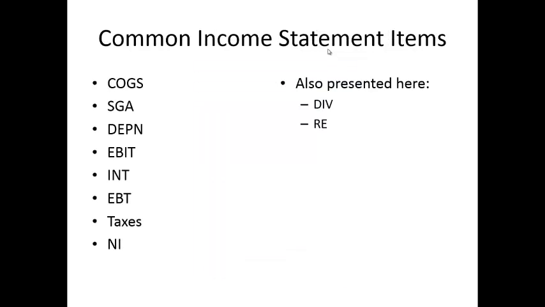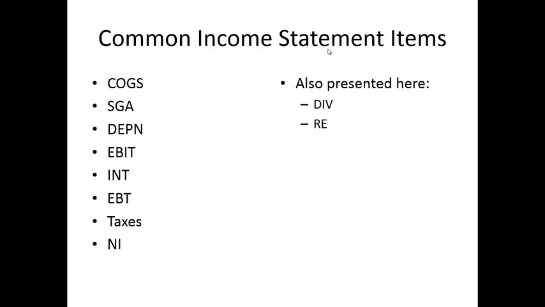The first item, which is not listed on this screen but is important for us to talk about, is sales. Sales, sometimes referred to as revenues, reflects the gross income that we have before we adjust for any expenses that we incur. So whatever we do as a business, sales is going to reflect the revenues that we've brought in on a gross form. And then we have cost of goods sold.